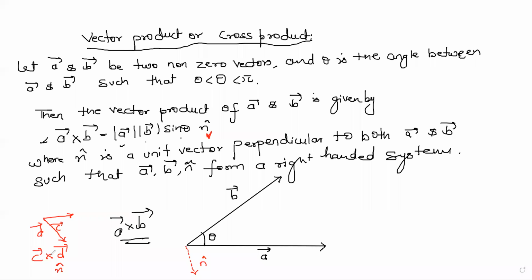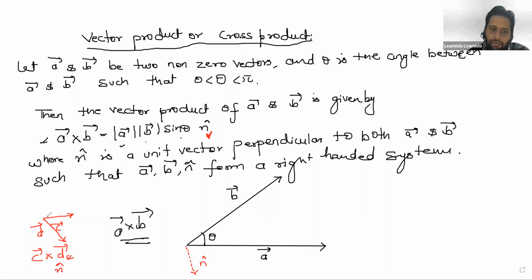It will be inwards. Good. Because you will put your fingers in the direction of C and move towards D, this thumb will give you the direction of n cap, so in this case the direction will be inwards. In the earlier case, the direction was outwards.